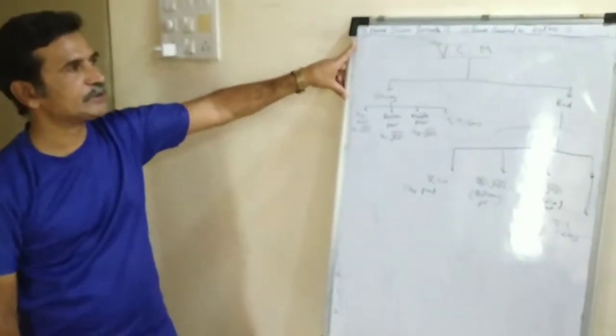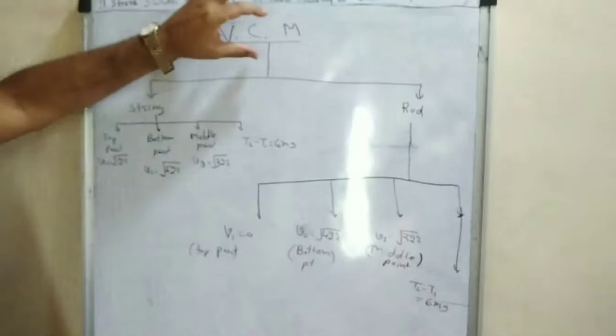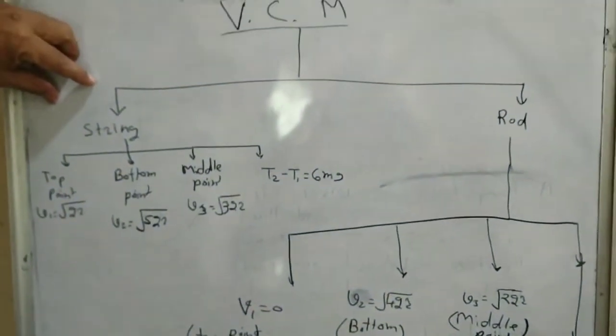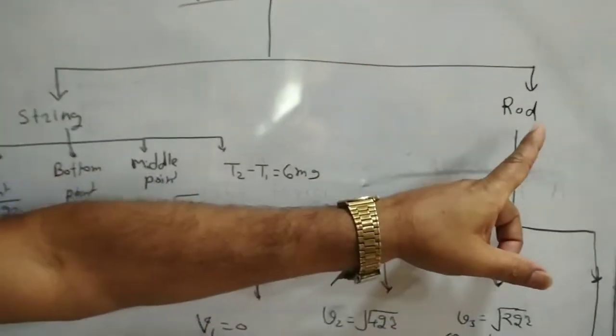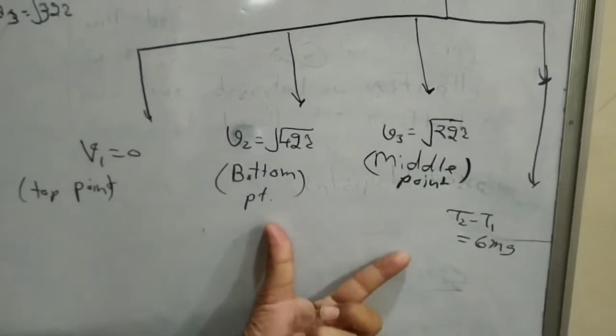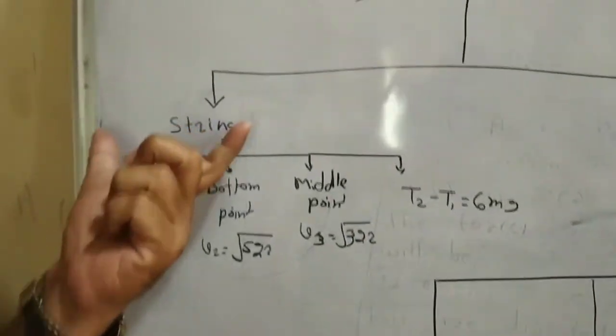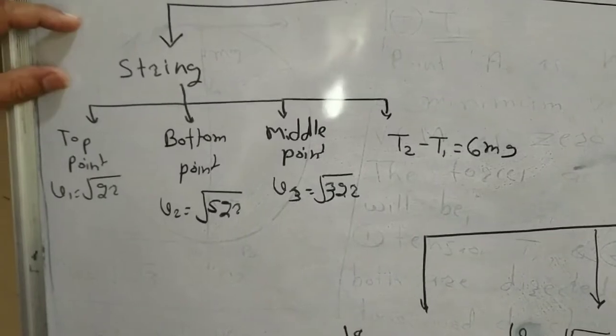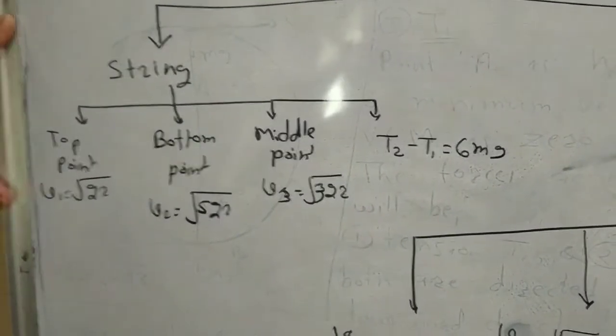In our syllabus, VCM is discussed in two ways: VCM by string or rope, and VCM by rod. If a rod is there, we get such formulas, and if a string is there, we get such formulas. Depending upon the word string or rod, the examples are based.